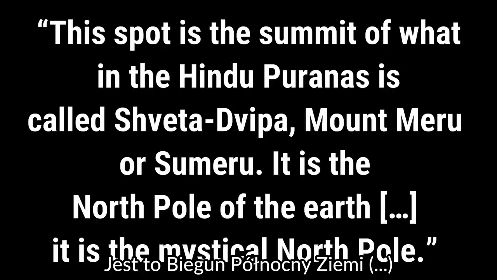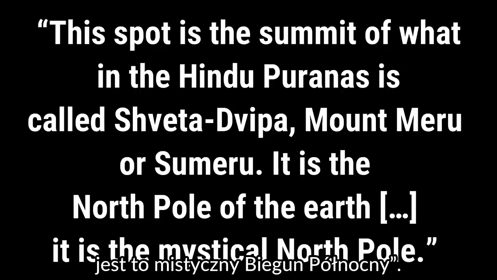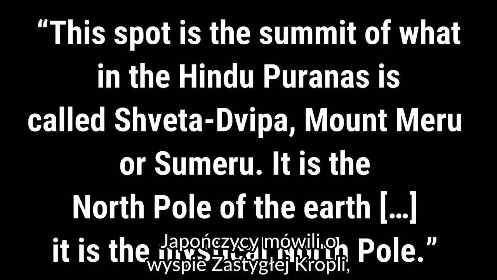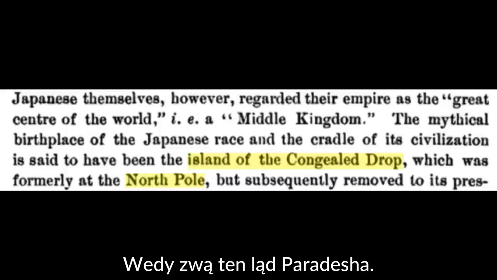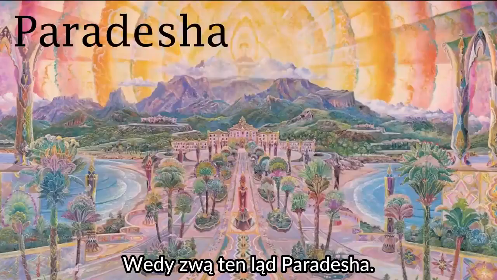It is the North Pole of the Earth. It is the mystical North Pole. The Japanese spoke of the island of the congealed drop, which was placed at the North Pole. The Vedics called this land Paradisha.